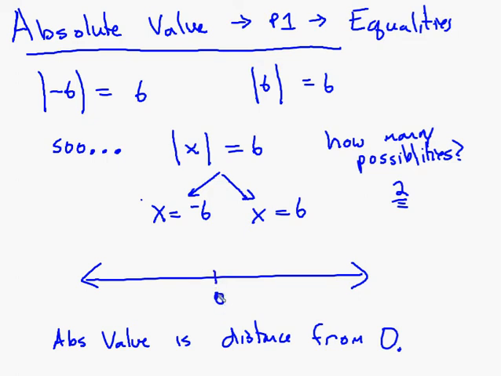Alright, so here's 0, and here's 6, and here's -6. See, this would be a distance of 6, and this is also a distance of 6, so x could be either one of those.